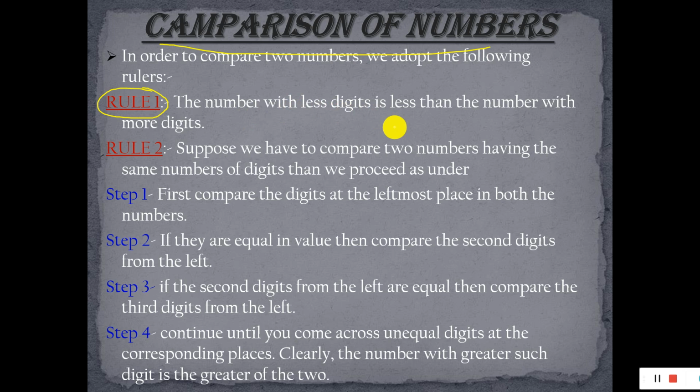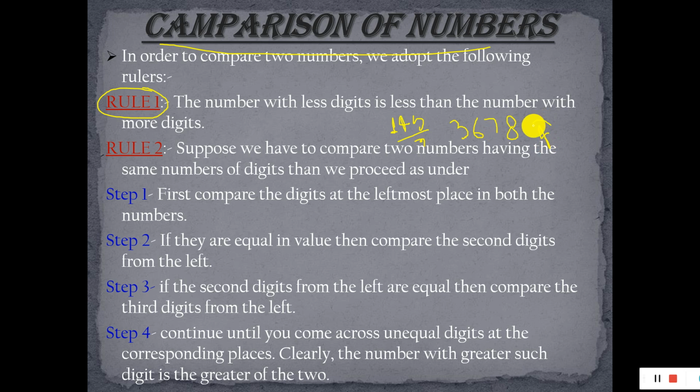For example, if we take 145 and second one is 3678. According to the first rule, the number with fewer digits is less than the number with more digits. So we count the digits. The first number has 1, 2, 3 digits, and the second one has 1, 2, 3, 4 digits.